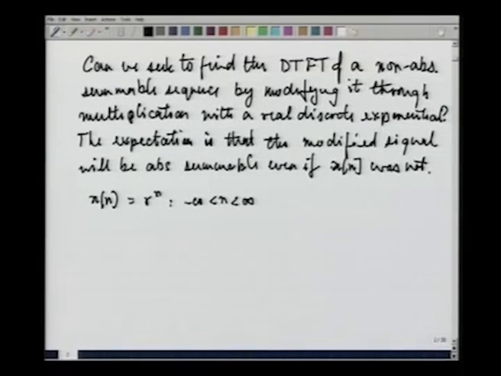And r is in the range 0 less than equal to r less than equal to infinity, right. Now, let us make some few plots.